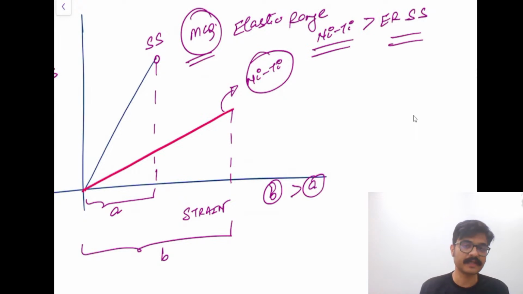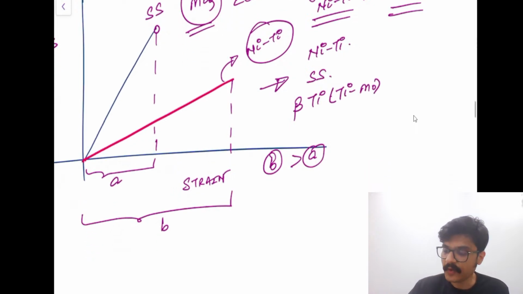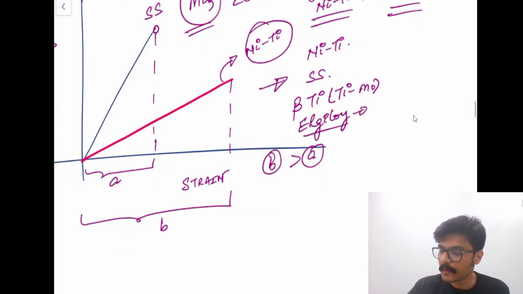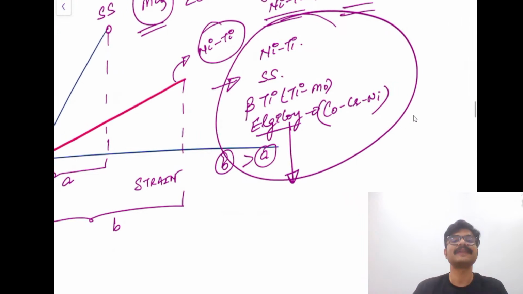This brings me to the next very important MCQ. You have a table in Phillips in which nickel titanium is mentioned, stainless steel is mentioned, and beta titanium is mentioned, which is nothing but an alloy of titanium and molybdenum, right? And you have Elgiloy, and Elgiloy is a cobalt, chromium, nickel alloy, right? Out of these four, Elgiloy has the highest modulus of elasticity.